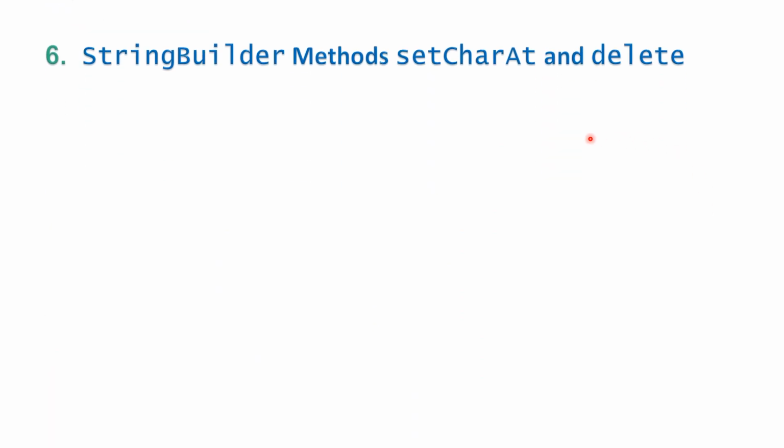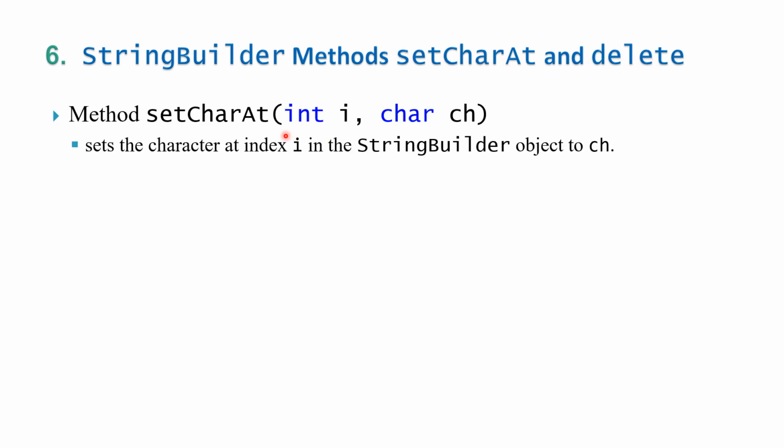Since class StringBuilder represents modifiable strings, it provides several methods that allow you to modify its string content. Two of those methods are setCharAt and delete. Method setCharAt takes an int argument and a char argument and sets the character in the StringBuilder object at the index specified by the int argument to the char argument.